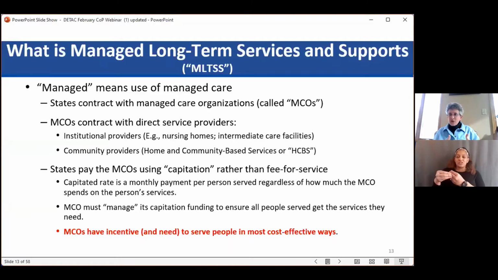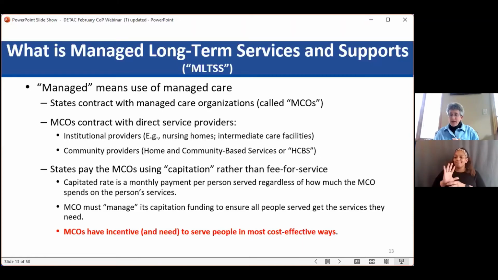Those organizations are then the organizations that contract directly with service providers. And in long-term services and supports, there's two kinds of service providers. There's institutional service providers, nursing homes, intermediate care facilities, and then there are community-based service providers who deliver home and community-based services, including supported employment.